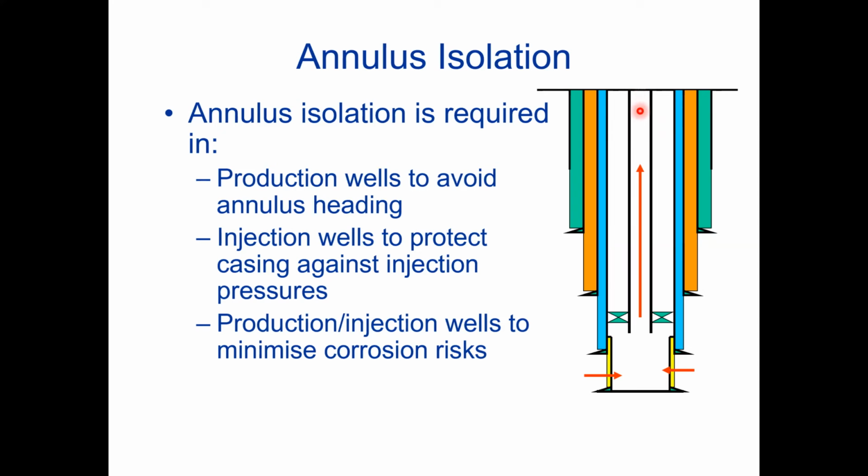As I said, tubing has less internal surface. Therefore, the pressure and the force on tubing would be smaller, because force is pressure multiplied by area. So for an injection well, it's always recommended to have tubing and a packer.